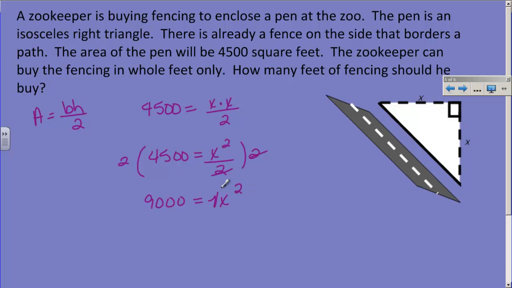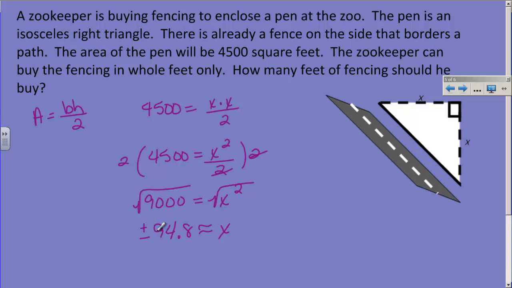So I'm going to take the square root of 9,000, which is 94.8. Now it says that he can buy this in whole feet only. So if he buys 94 feet of fencing, this actually comes out to about 94.8, plus or minus.